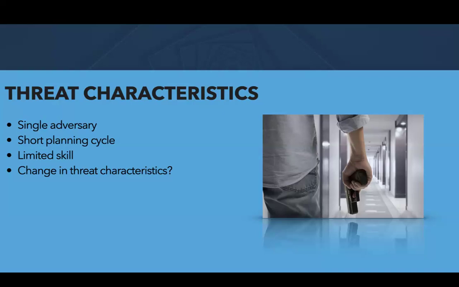He uses a vehicle as a ramming device to get through the barrier, which is the building, to get directly in, and that throws everybody off. Then he gets out and murders several people inside the building, and because of the damage to the vehicle and other things he did, it burnt the building down. It completely destroyed the building. So a very successful attack, different than what we've seen. We haven't seen that much in Christian houses of worship, but we saw it a couple of weeks ago. So a little bit of change in threat characteristics.